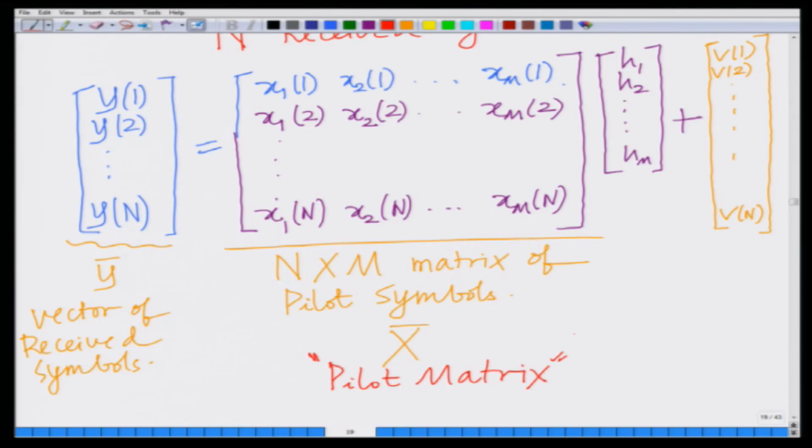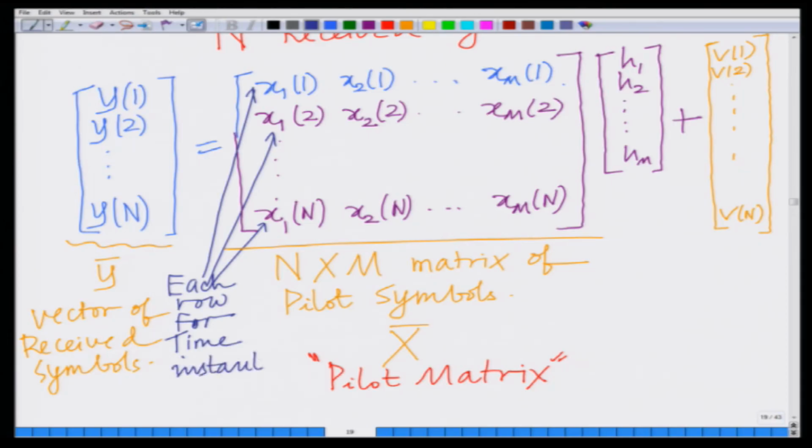And look at this, in this pilot matrix each row corresponds to a particular time instant, and each column corresponds to an antenna, right.